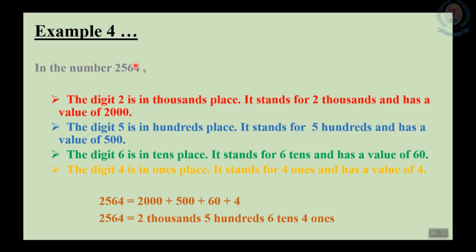In here, the value of digit 4 is 4 and the place is ones. Then the value of digit 6 is 60 and the place is tens place. The value of digit 5 is 500 and the place is hundreds. The value of digit 2 is 2000 and the place is thousands.